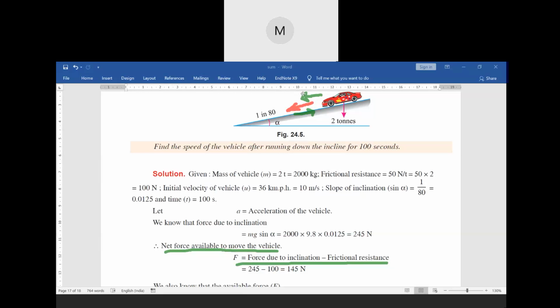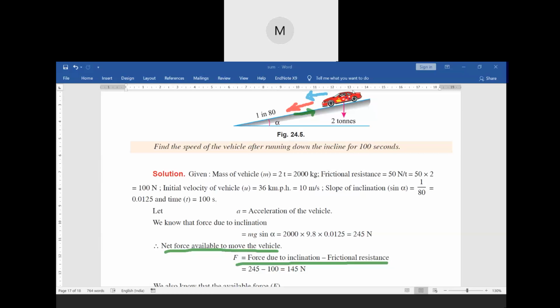This force is acting for the movement of the car, or due to the inclination if you don't consider frictional force. Now there is also another force acting, which is known as frictional force.